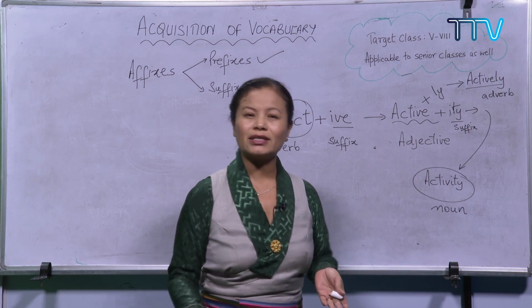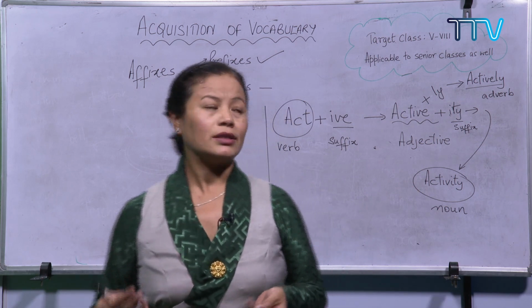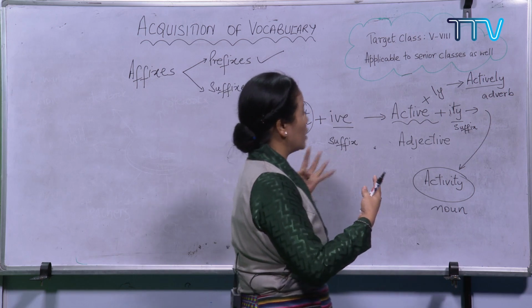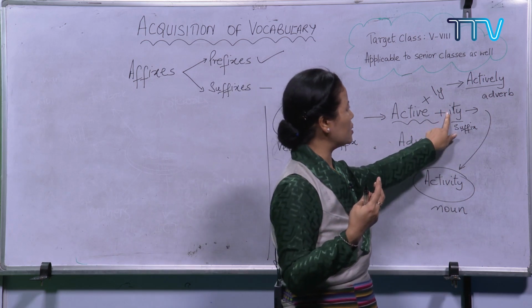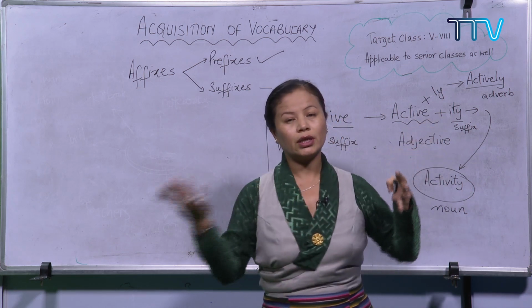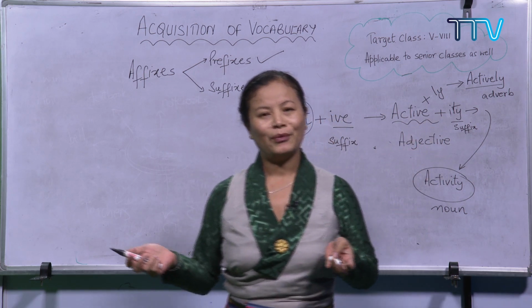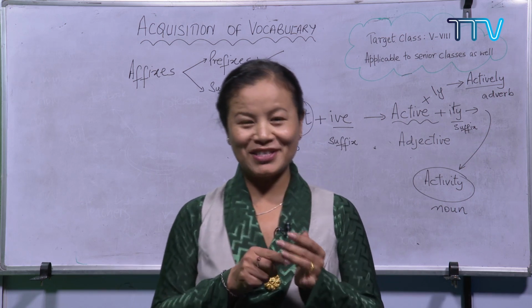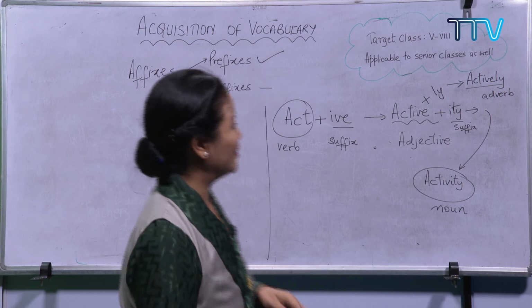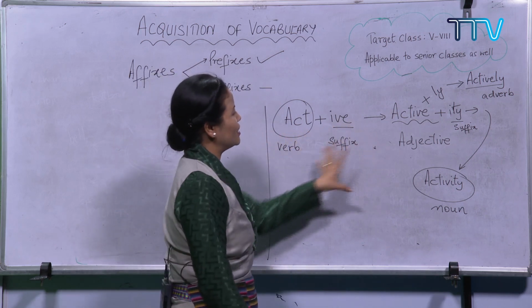Ity usually is a noun. So this way you can get an idea: if I see the suffix ity, oh, it usually changes the word into its noun form. Confused? I hope not. You are very smart. Just look at this and you get an idea.